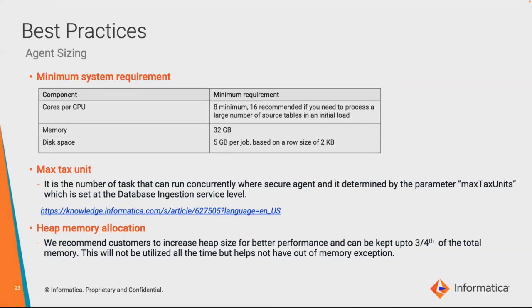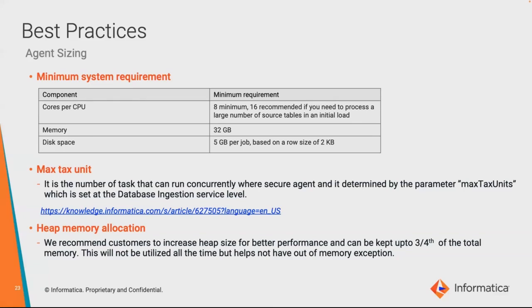And there is a KB article in terms of how many max task units users should have based on the number of tables. Important to note, we have already documented such use cases in terms of the max task unit. So one important area in terms of sizing would be to look at this particular parameter as well.